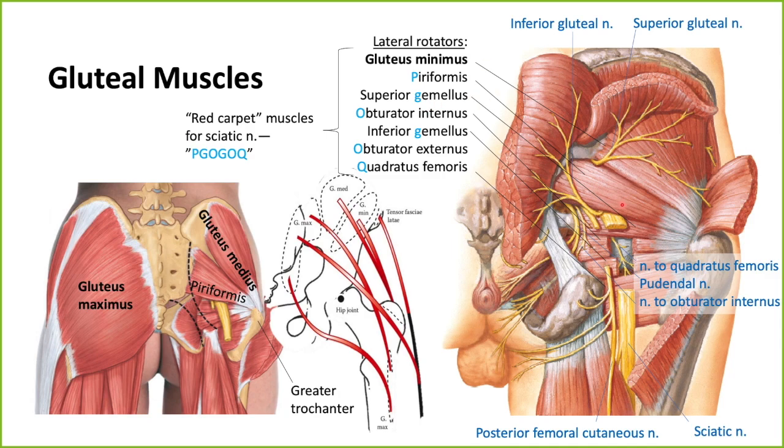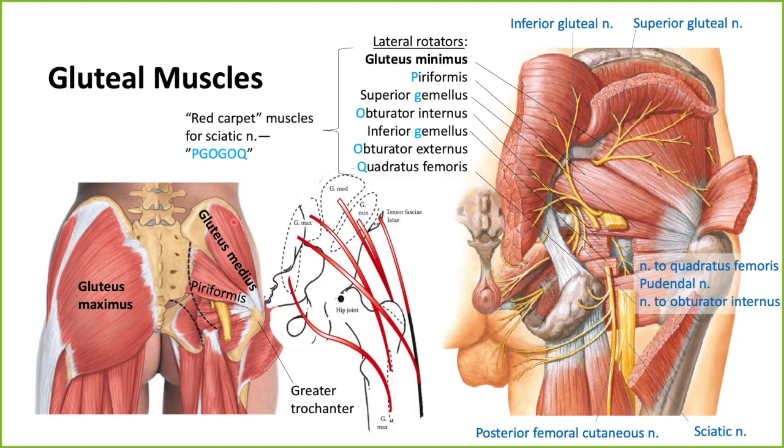So here's our muscles. And in order, this is the way I learned and remembered these, it's P, go, Q. And if I put those in order, then I know what order they fall into. And from there, I can figure out what the innervation is. So we first have piriformis. Now remember, above piriformis, we've got superior gluteal nerve, and then below it, we've got the inferior gluteal nerve.